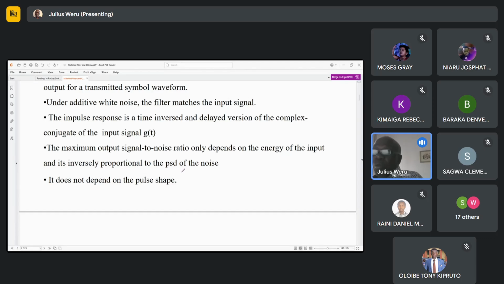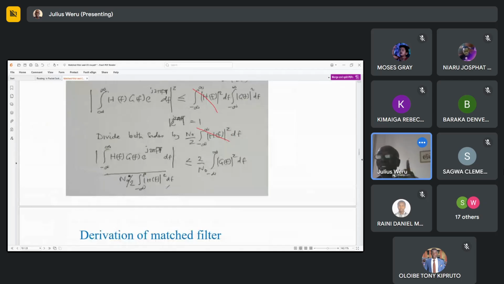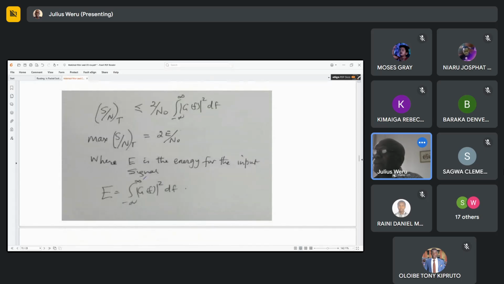It doesn't depend on anything else. It's inversely proportional to the noise and directly proportional to the energy of the signal.